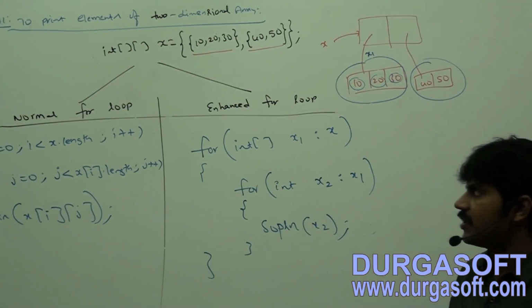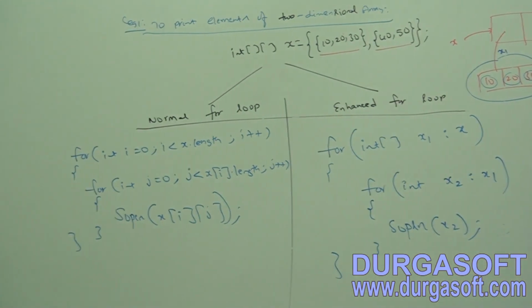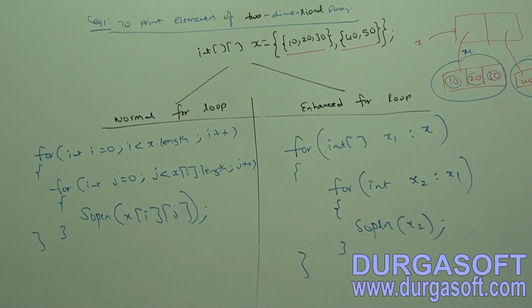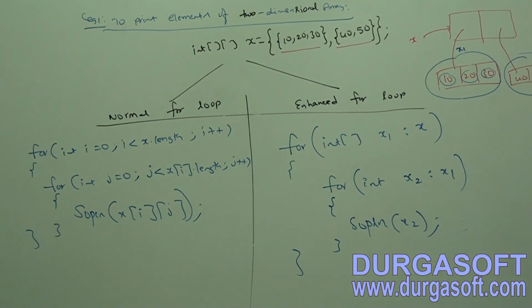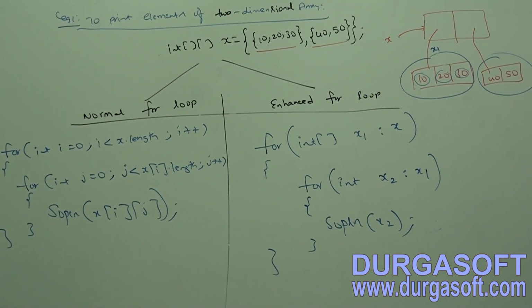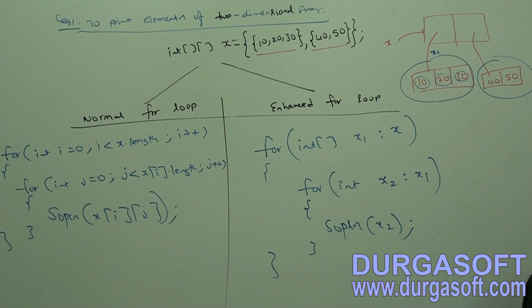Okay, take this example. Take it clearly. Normal for loop and for each loop, to print elements of a two-dimensional array.